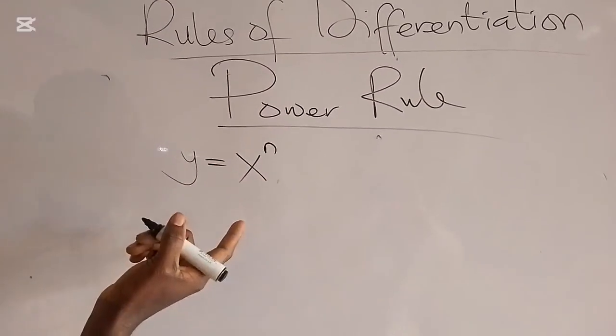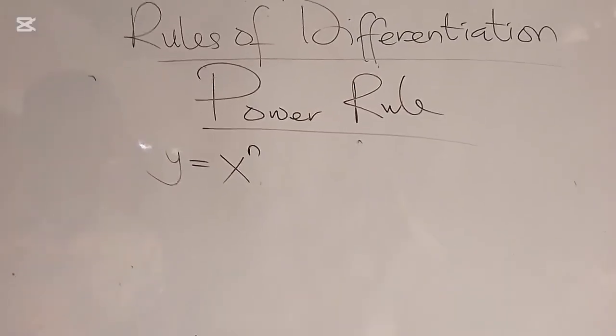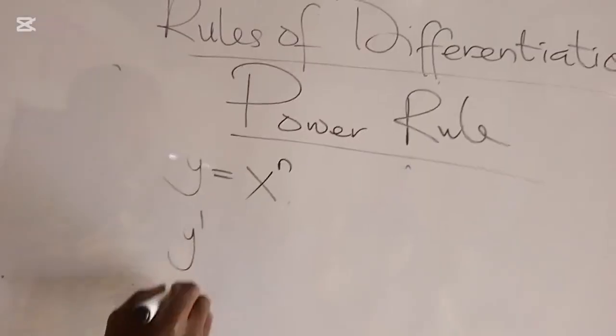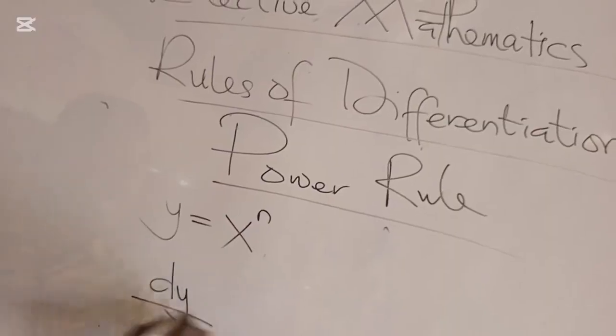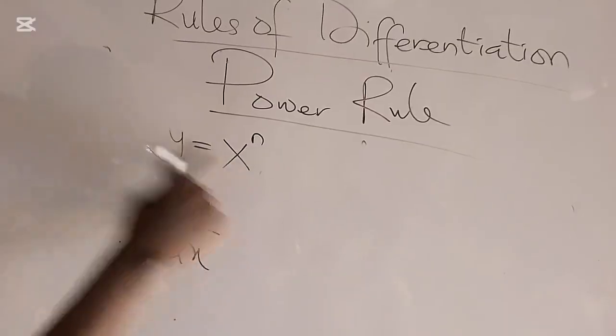How are we going to differentiate this? The power rule says that this can equally be written as y prime, or it can be written as dy over dx, meaning that we are differentiating with respect to x.